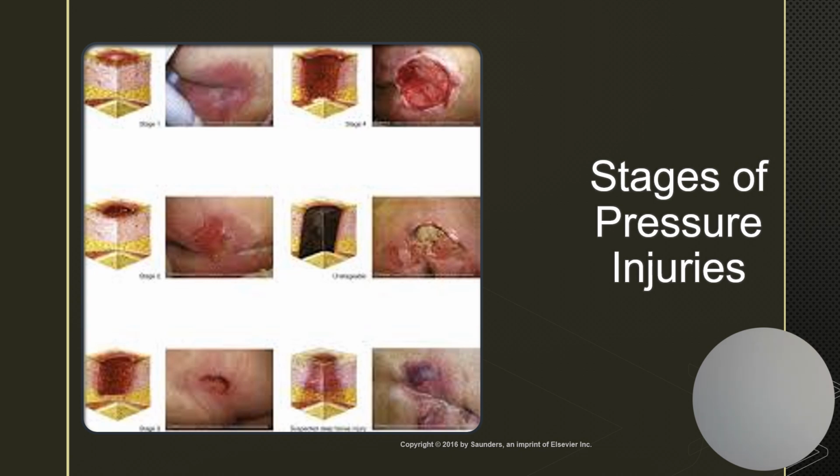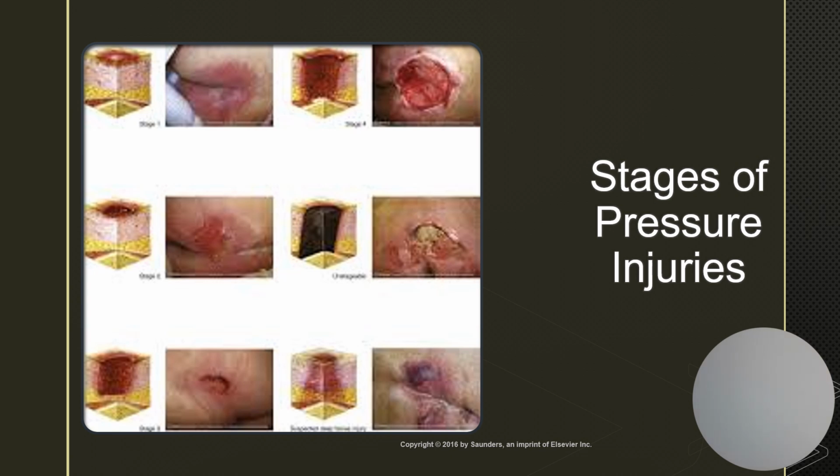A stage 4 is exactly like a stage 3 with one difference. Now we can either see or palpate some underlying structures that can include muscle, tendon, ligament, or bone.